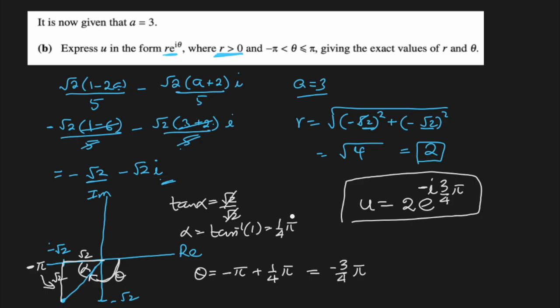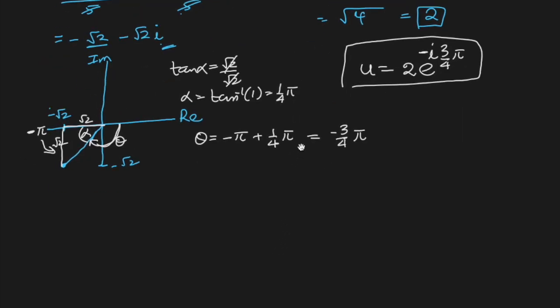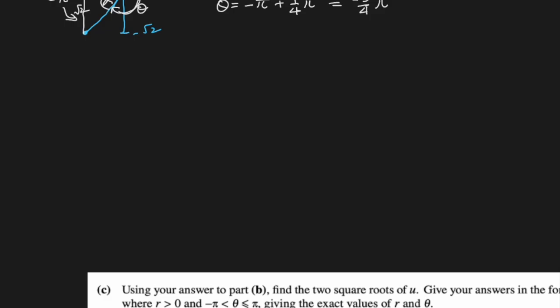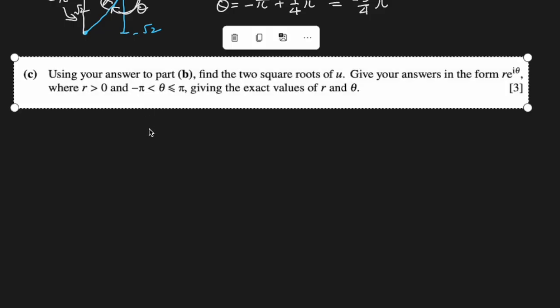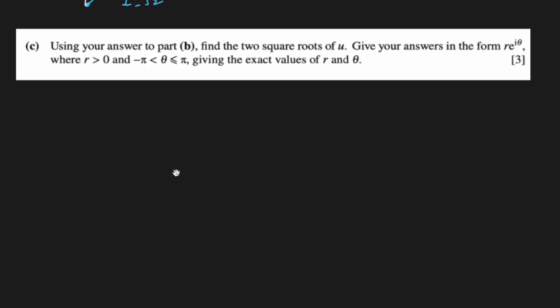So let's see what is next. Yes, it is part C. Using your answer in part B, find the two square roots of u. Okay, so what was it? Let me write. u was equal to 2 e to the power negative i 3 over 4 pi.